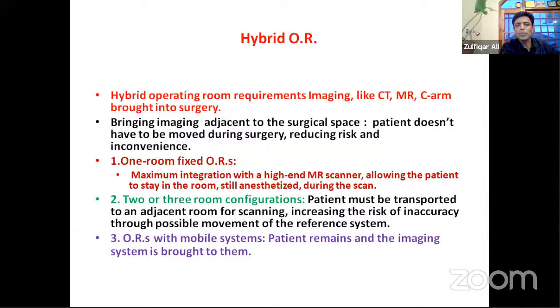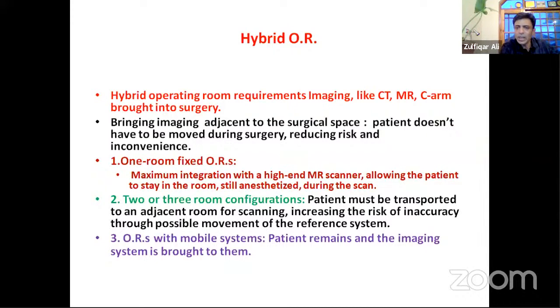We have one-room fixed hybrid operating rooms, where we do the maximum integration of a high-end MR scanner. What we do is that the patient is taken from the operating room to the adjacent OR, and imaging is done during the surgery.